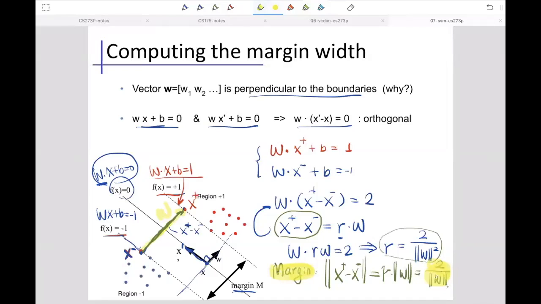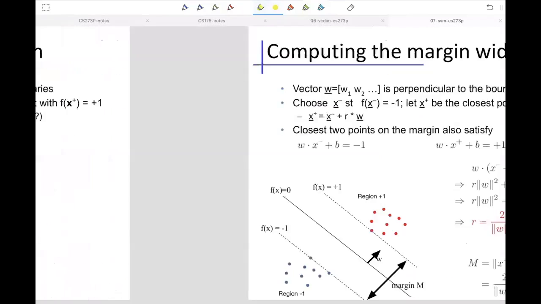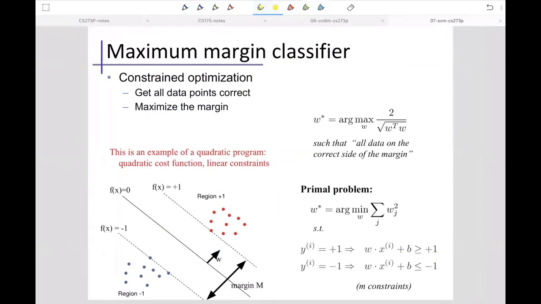I want to push this boundary as far as I can, but at the same time make sure that the data points are correctly separated, which means they are above this plane and below the plane for the other class label. So I'm going to maximize the margin, and at the same time make sure that all the data points can be separated.